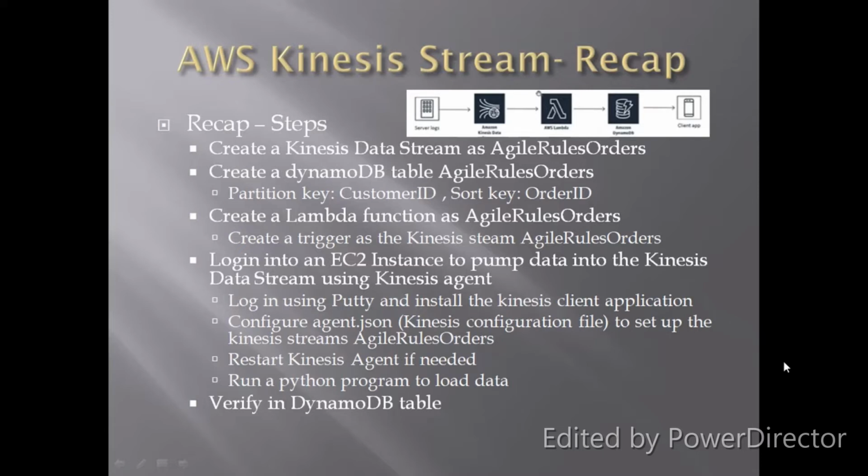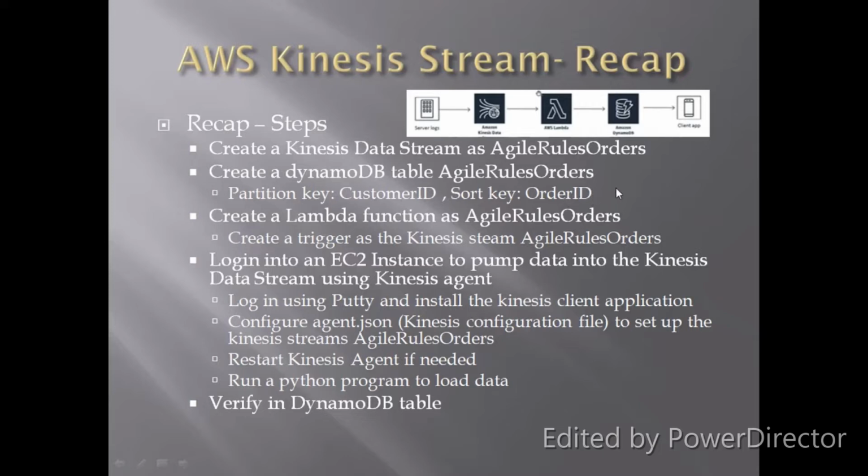So these are the steps at a high level. First, we are going to create the Kinesis data stream called Agile Rules Orders. Then create a DynamoDB table called Agile Rules Orders with the partition key as the customer ID and the sort key as the order ID.